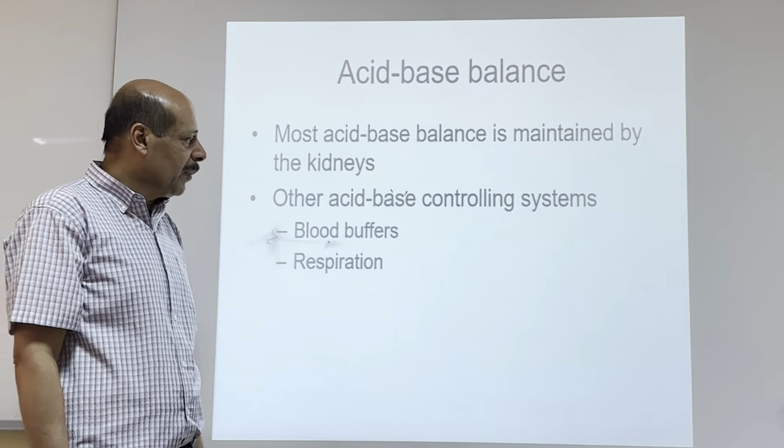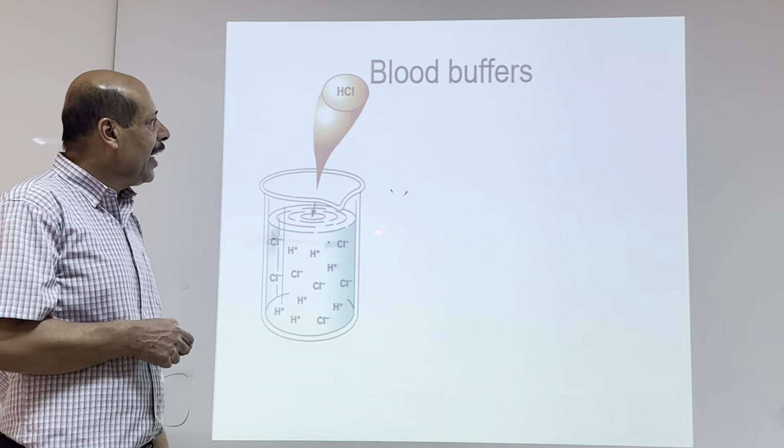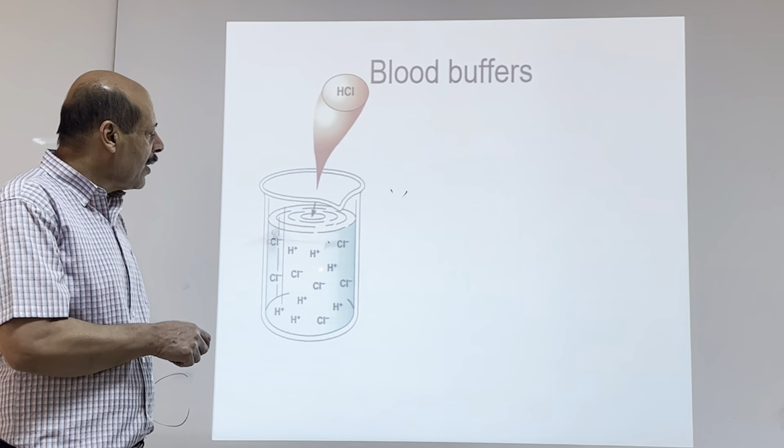About the buffers: if we have a strong acid like HCl, when it is dissolved in the solution, it will dissociate completely into hydrogen positive and chloride negative.